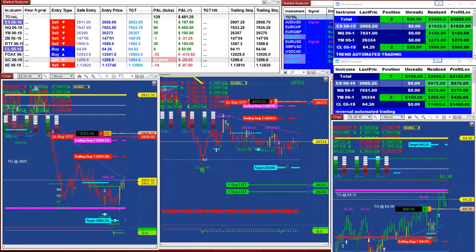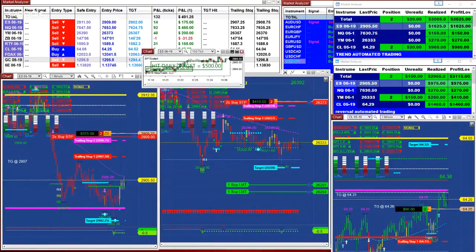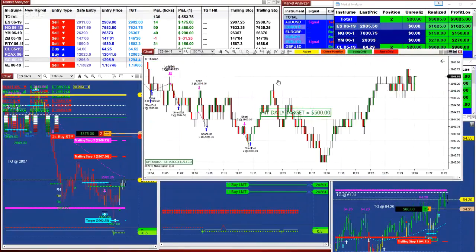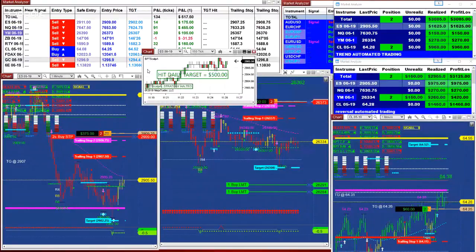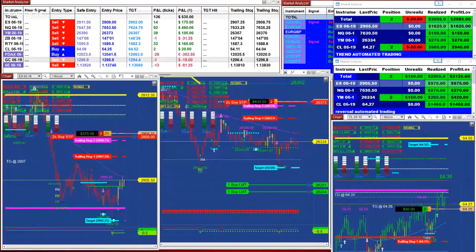Let's look at the scalping market order. 150 ticks. 500 right on the spot. This is 150 ticks. Let's look at the scalp in 5 minutes.